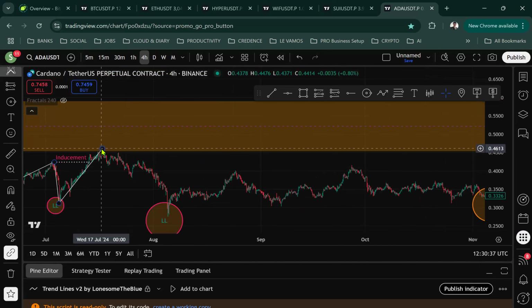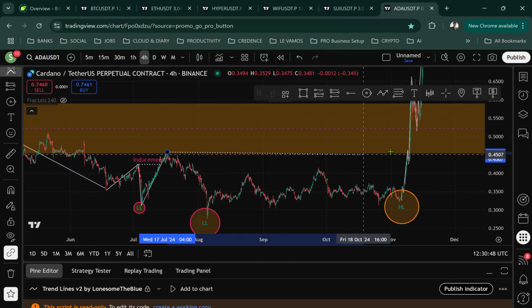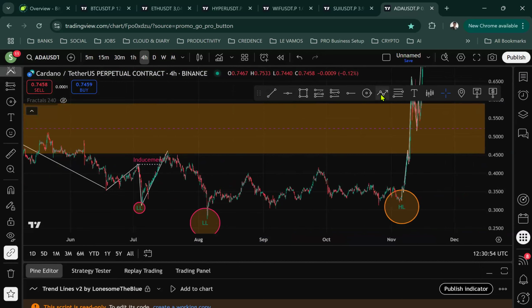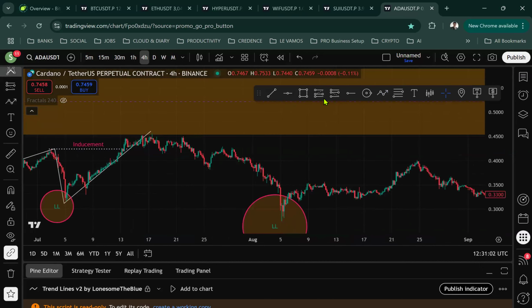So from here, there is a breakout structure. No, this breakout structure is wrong. So the next impulse move is going from here. Next impulse move from here.